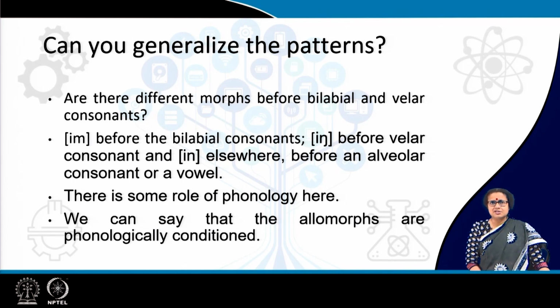So, im is always occurring before the bilabial consonants, because m is a bilabial nasal, ing is occurring before velar consonants because ng is a velar nasal, and in is occurring elsewhere, either before an alveolar consonant or a vowel. So, there is some role of phonology here, right. Though we are conducting morphological analysis, phonology has a major role to play. So, we can say here that the allomorphs are phonologically conditioned.